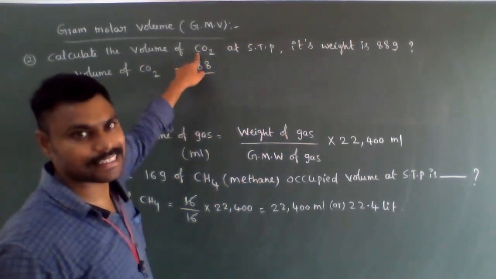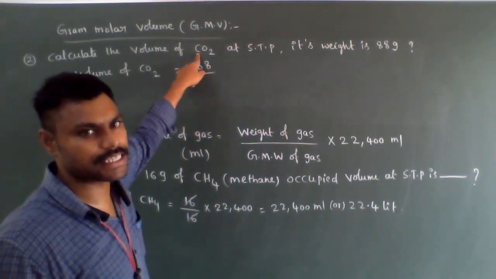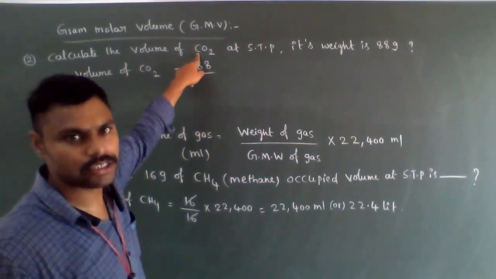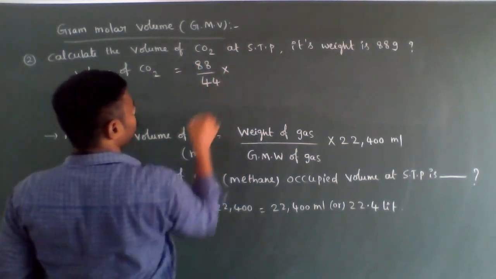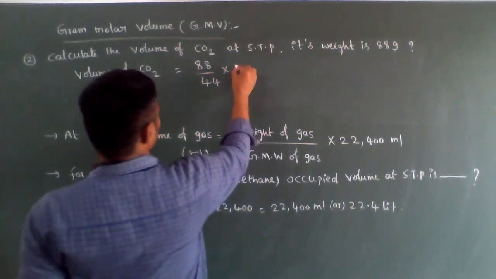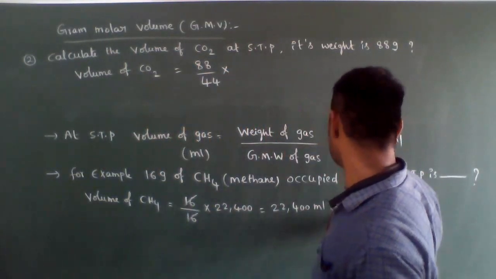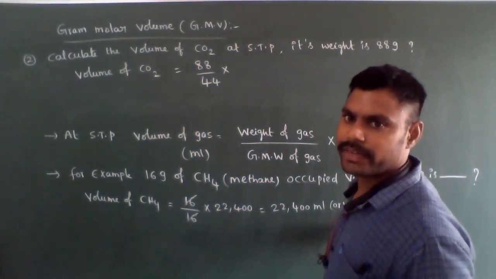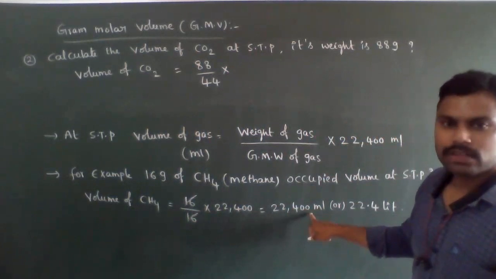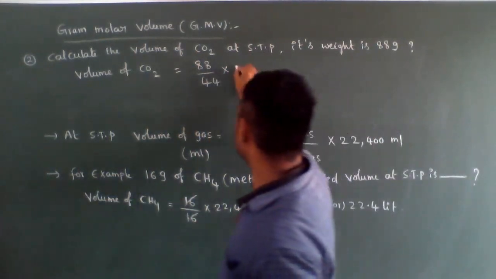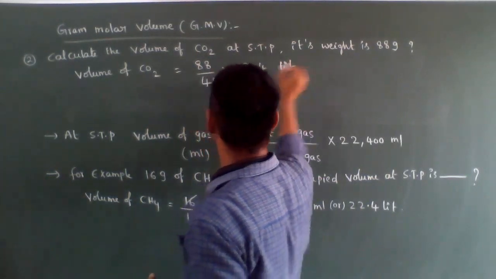Carbon 12 plus 2 oxygen atoms, 16 plus 16 is 32, 32 plus 12 is 44 grams. Into, if you express it in liters, multiply with 22.4; otherwise, in ml, multiply with 22,400 ml. Here with 22.4, the answer units are in liters.